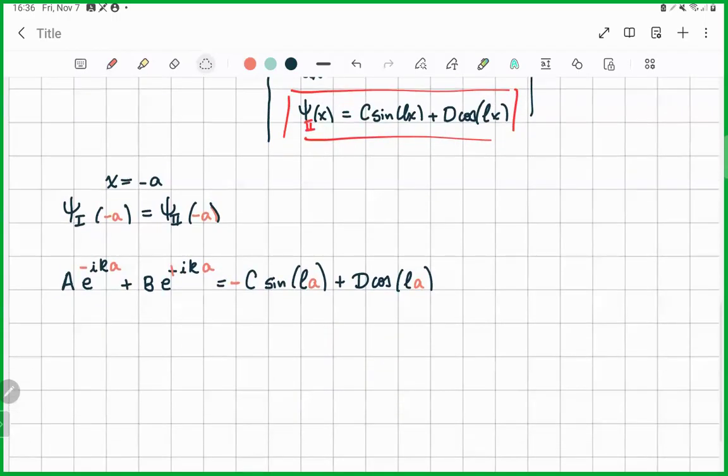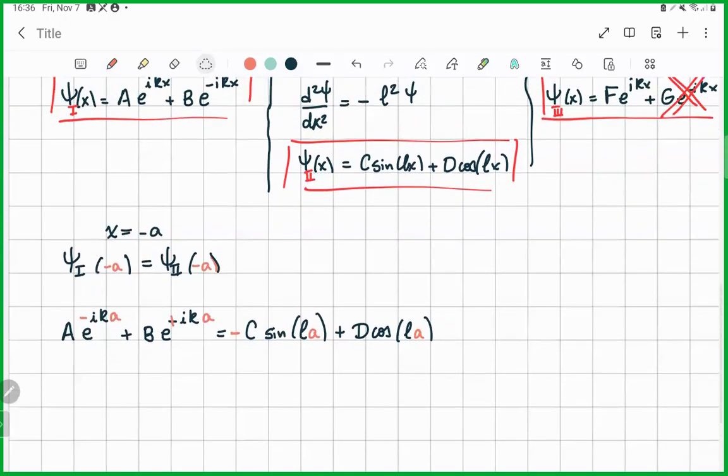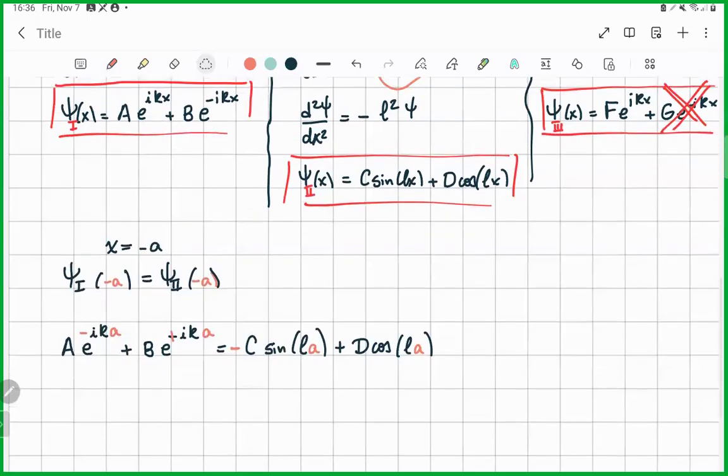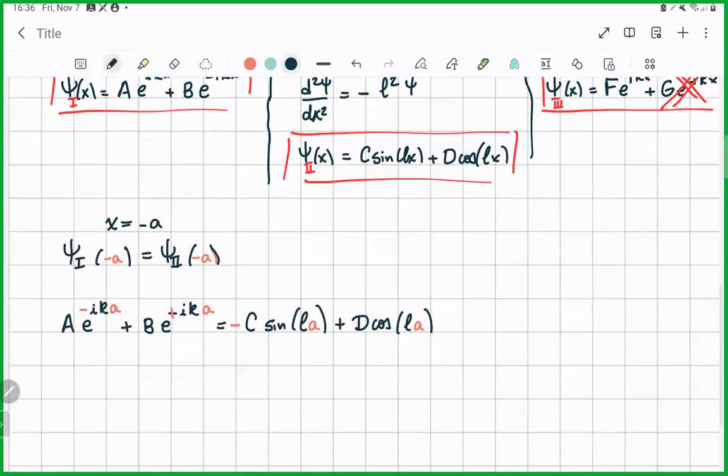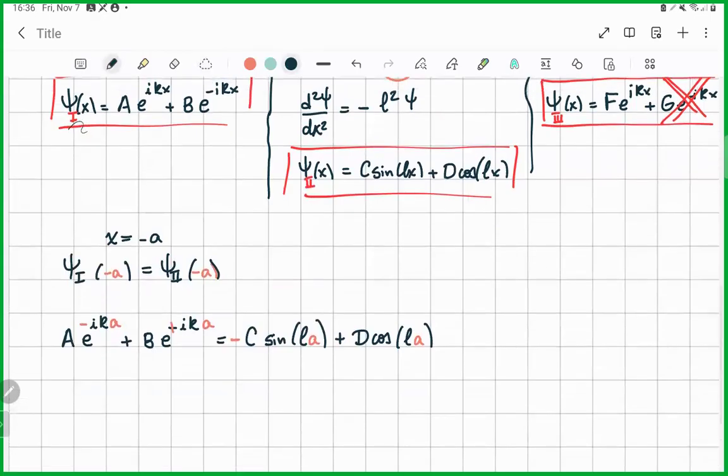Now comes the derivative. Be very careful, because I often see people losing track of what derivative you have to do. You have to do the derivative of this function, the function with x, the function with the variable, not this one. I often see this mistake. We are going to do the derivative of the wave function.